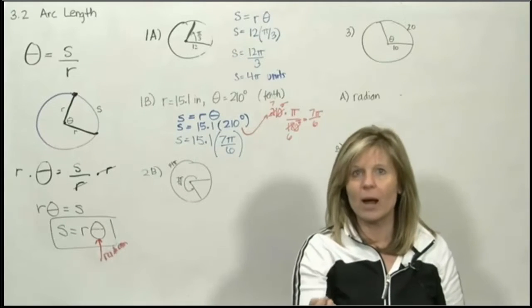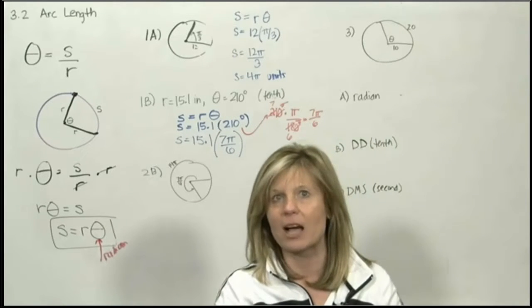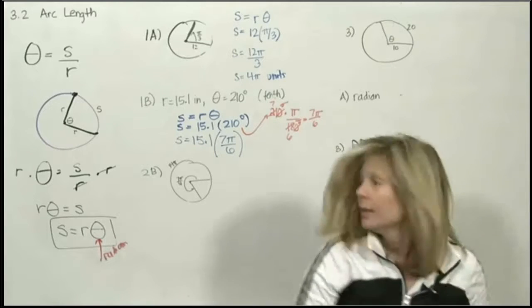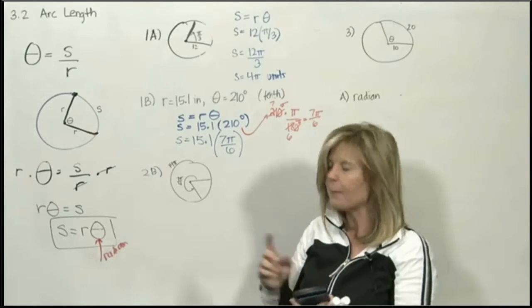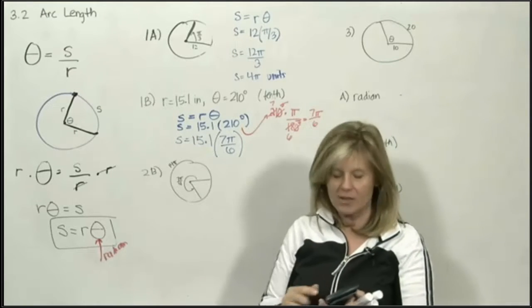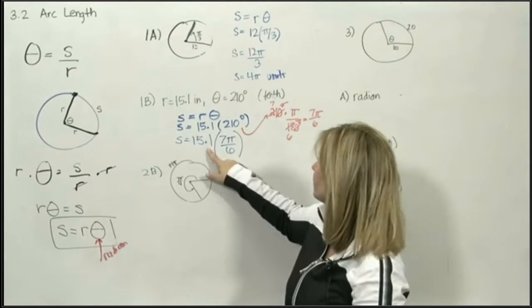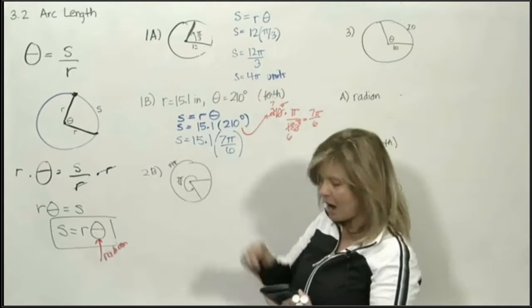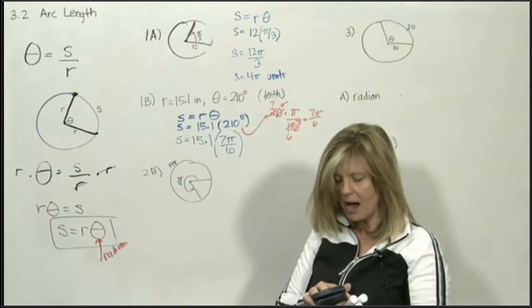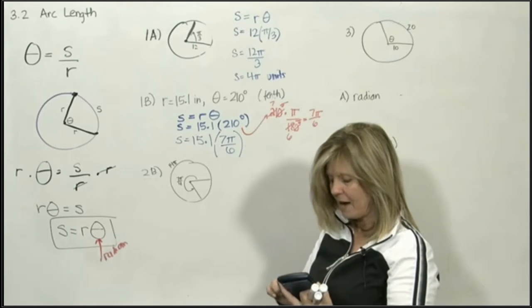By asking me to round, I automatically know, hey, I need to take my calculator out. There is no other pi symbol in here to cancel. So I'm going to type exactly as I read this. I'm going to write the decimal, 15 and 1/10 times 7 pi, make sure you get the pi symbol, divided by 6.